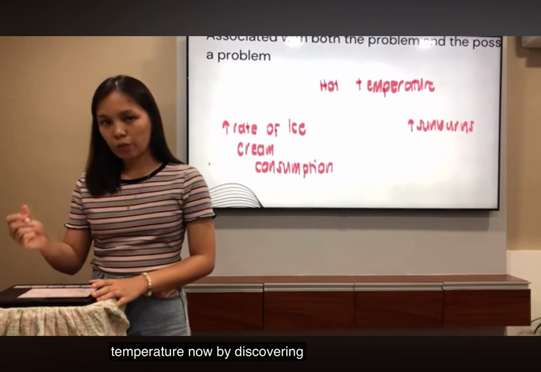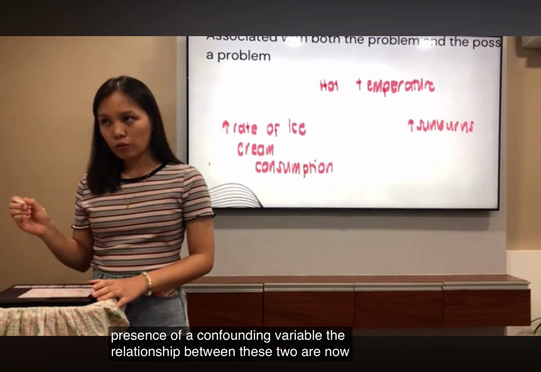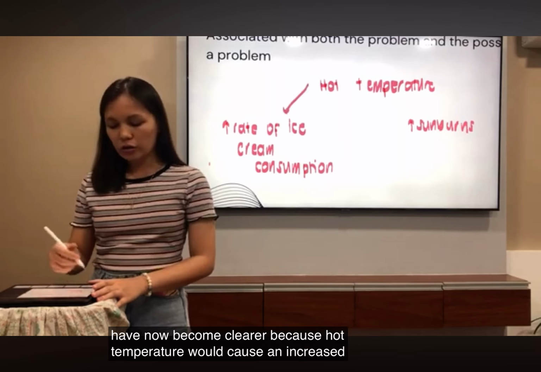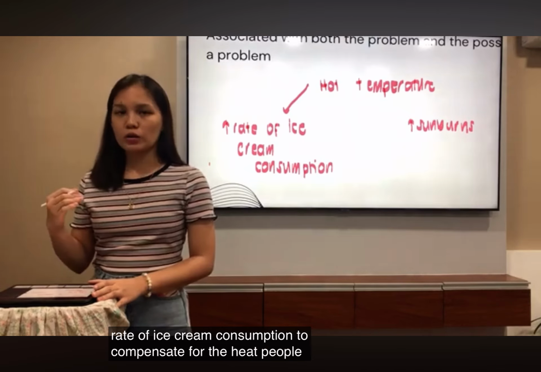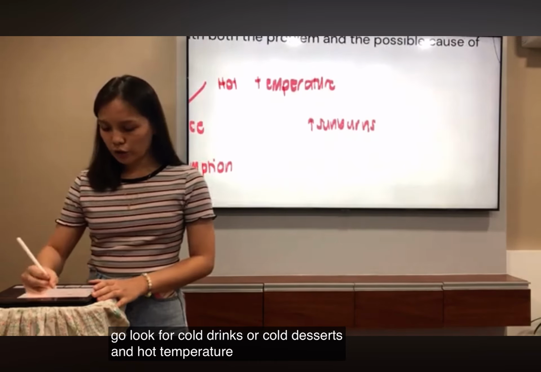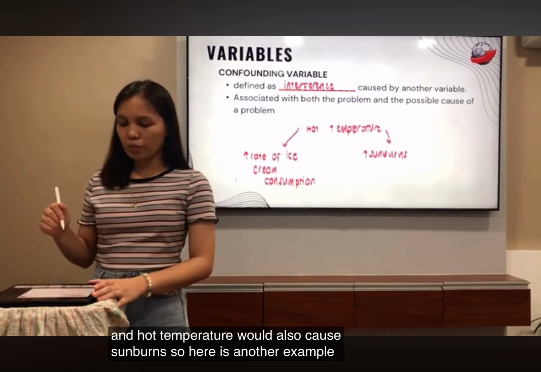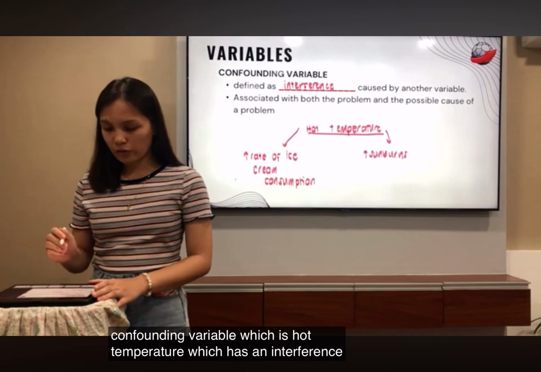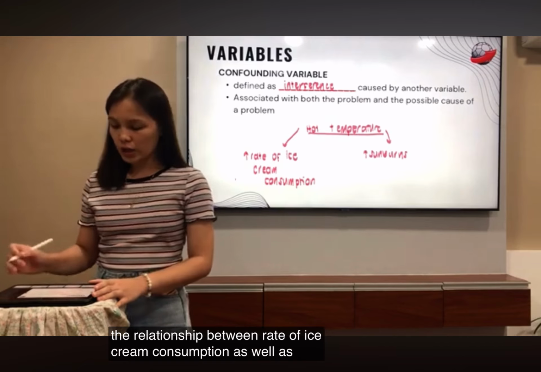Now, by discovering the presence of a confounding variable, the relationship between these two has become clearer, because hot temperature would cause an increased rate of ice cream consumption to compensate for the heat. People actually go look for cold drinks or cold desserts, and hot temperature would also cause sunburns. So here is another example of a confounding variable, which is hot temperature, which has an interference on the relationship between rate of ice cream consumption as well as sunburns.